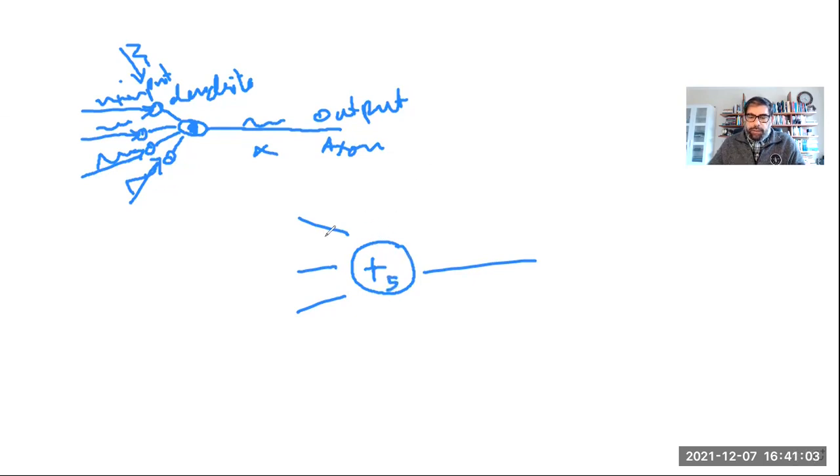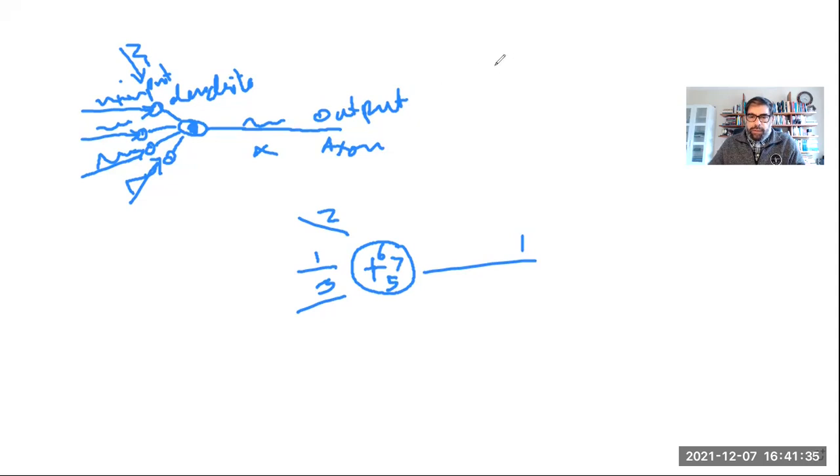Suppose input 2 is coming from this side, input 1 from this side, and input 3 from this side. This artificial neuron will just add up all these inputs, and the answer is obviously 6. Now 6 is greater than the threshold, 5, so it will produce an output. Let's say it always produces an output of 1.